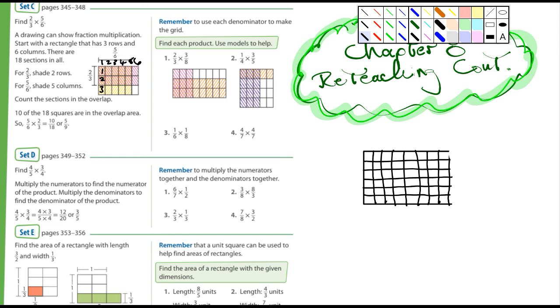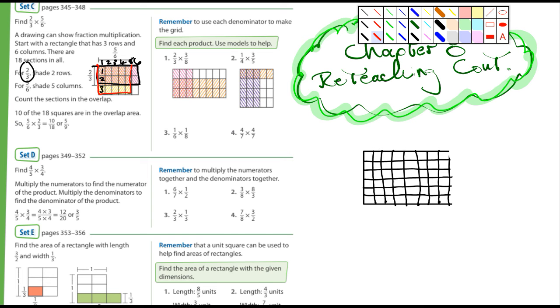And then for 2/3 here, they shaded 2 rows. And it would be, probably, I'm guessing, those 2 rows. And then for the 5/6, they shaded 5 of the 6 columns. So that would be probably this area right here. And then you can see what overlaps.